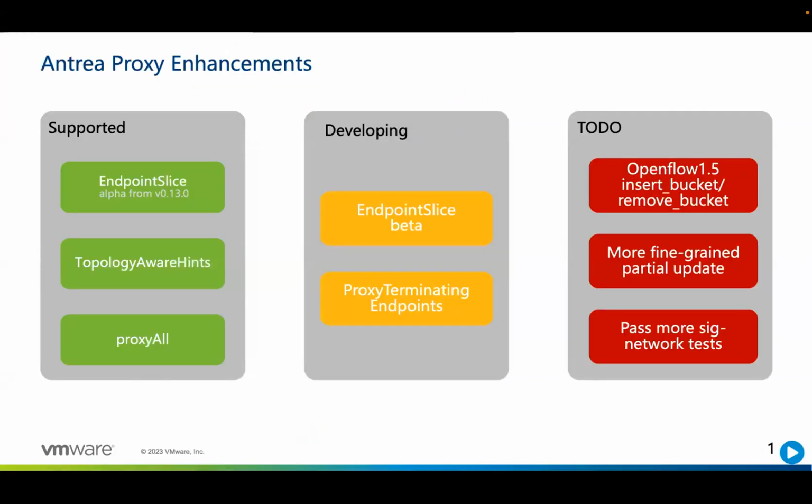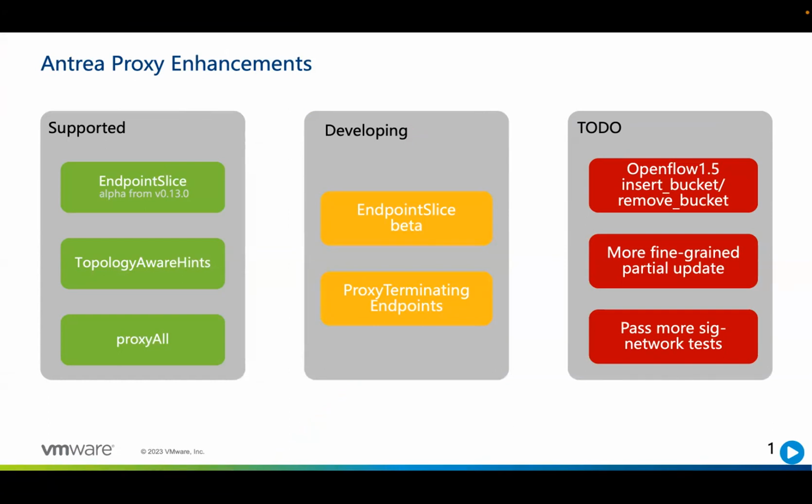This is the Antrea Proxy enhancement plan. For features, we spotted EndpointSlice and TopologyAwareHints support in Antrea Proxy, and the feature we are developing now is EndpointSlice and proxy terminating endpoints. I will introduce them in detail in later slides.